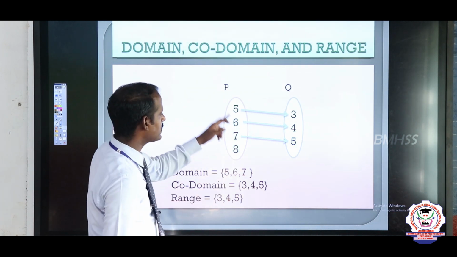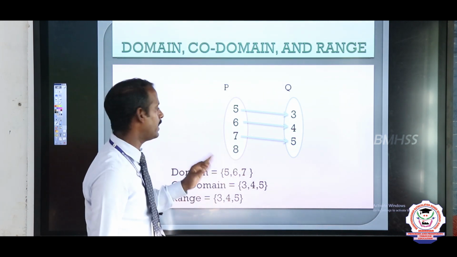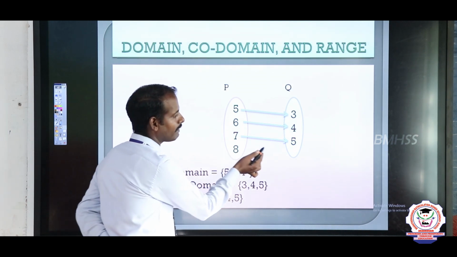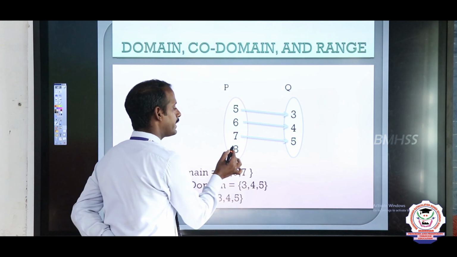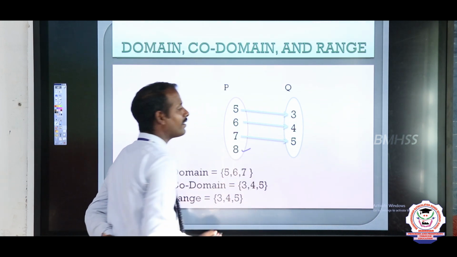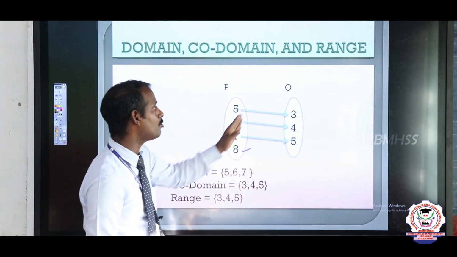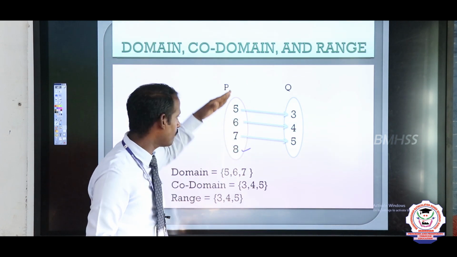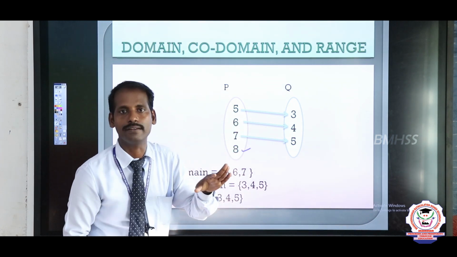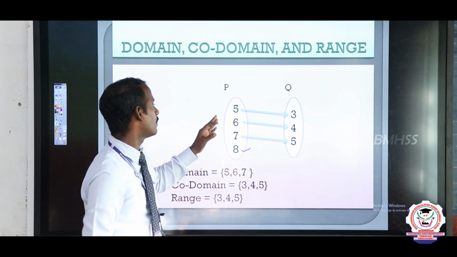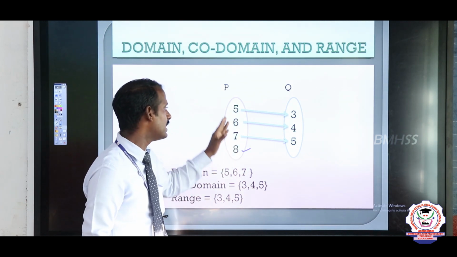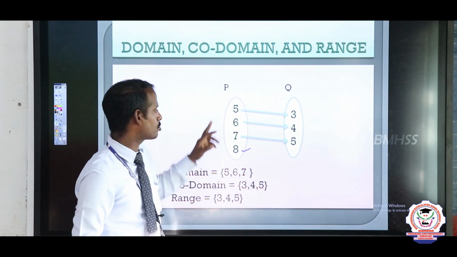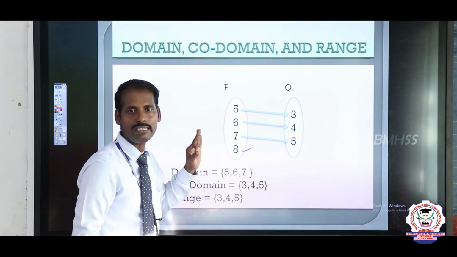But 8 is not related to Q, so 8 is not in the domain. Only the elements related from P to Q are the domain, so 5, 6, 7 is the domain.